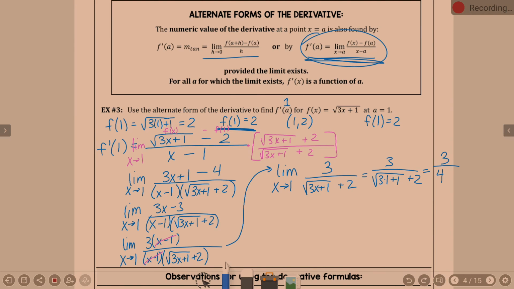So f prime of 1 is equal to 3/4. That's a really long way to say the slope of the function when x equals 1 is 3/4. Sorry, I know I sped that up at the end, but I didn't want to get caught in the middle of this problem. That would be ugly.